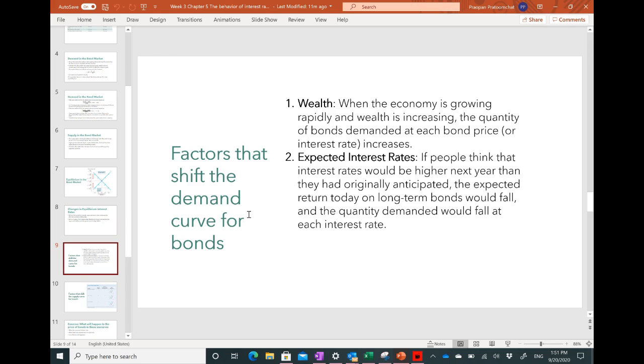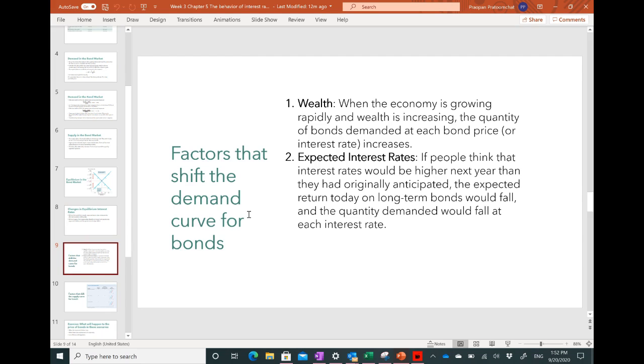So, if you remember the coupon bond formula, present value equal to the cash flow in the future discount back by the interest rate, right? If that interest rate change, the price or the present value of this long-term bond will change. When the price of the bond change, the rate of return will also change.